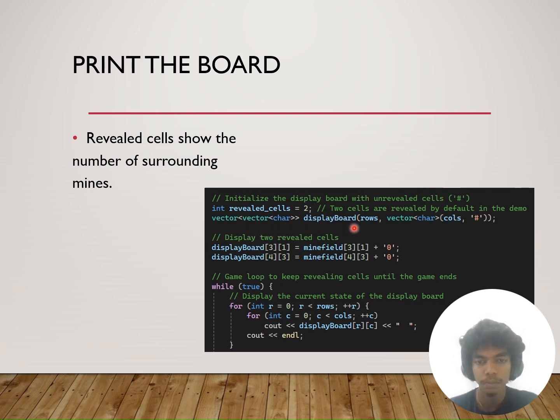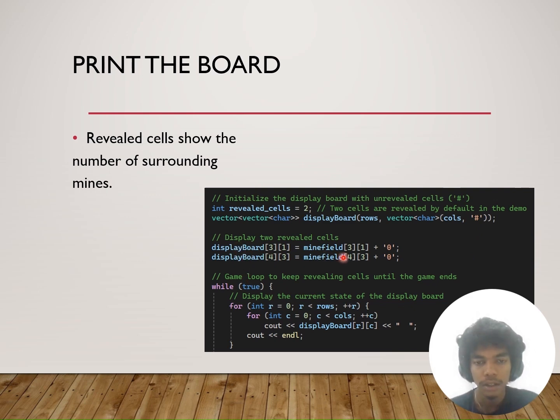Its name is display board because it will be displayed, and again rows, columns, and initially we initialize all the elements of the display board as a hash. And first we decide to reveal only 2 cells, and again it's completely random, I've just chosen these 2.